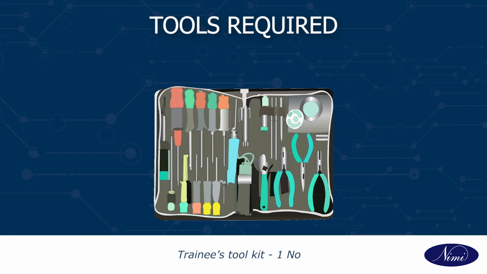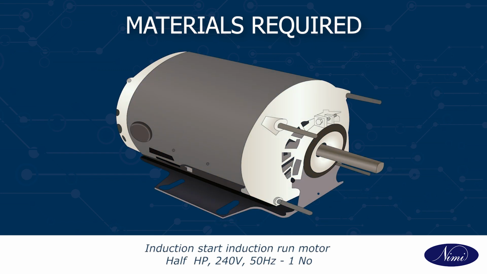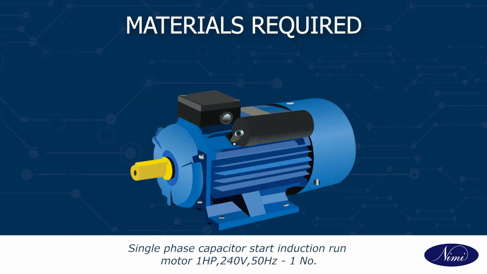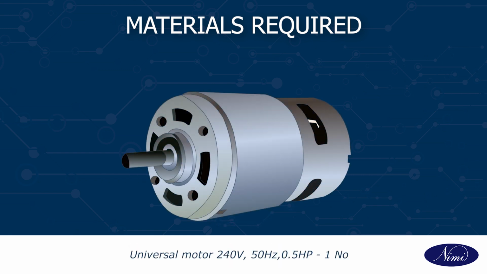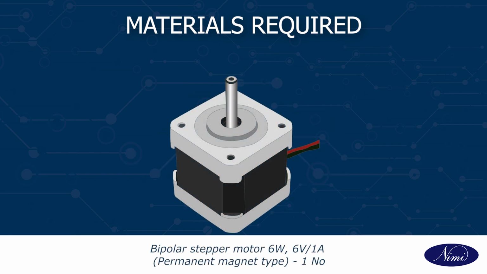Trainee's toolkit 1 number, ohm meter or multimeter 1 number, induction start induction run motor 1/2 HP 240 volt 50 Hz 1 number, single-phase capacitor start induction run motor 1 HP 240 volt 50 Hz 1 number, universal motor 240 volt 50 Hz 0.5 HP 1 number, repulsion motor 240 volt 50 Hz 0.5 HP 1 number, bipolar stepper motor 6 volt per 1 ampere, permanent magnet type 1 number.